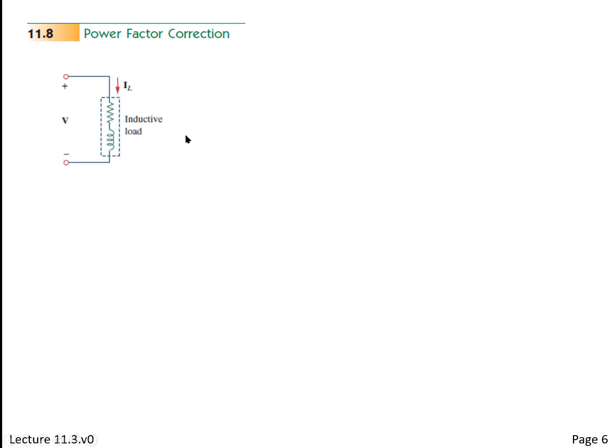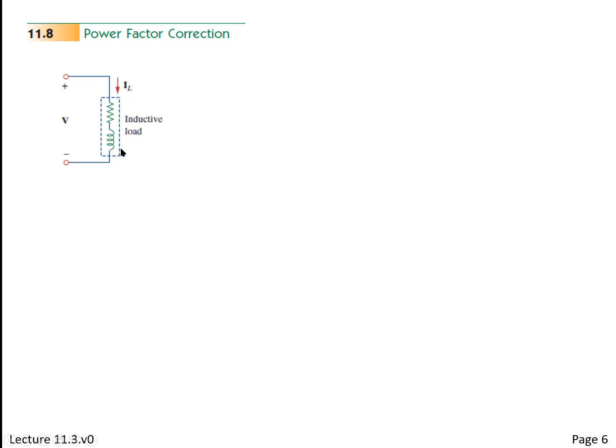Okay, so let's just take a simple typical load. Here's our voltage applied and the current in the load, and I'm going to call it an inductive load because that tends to be the lagging power factor.